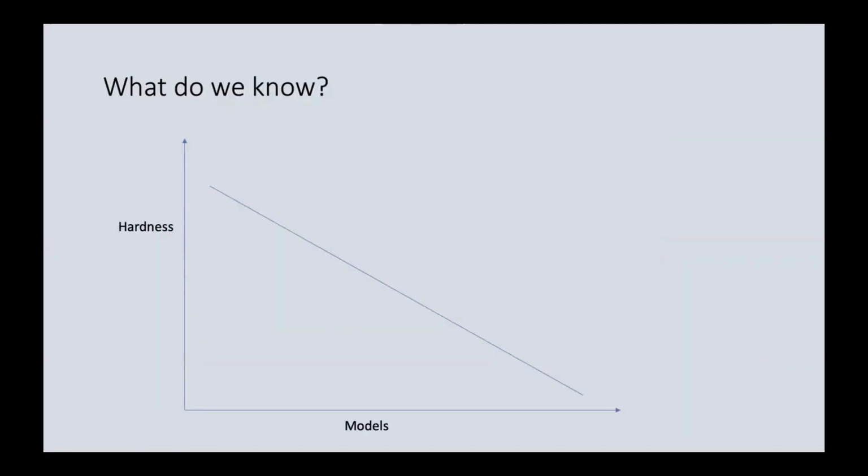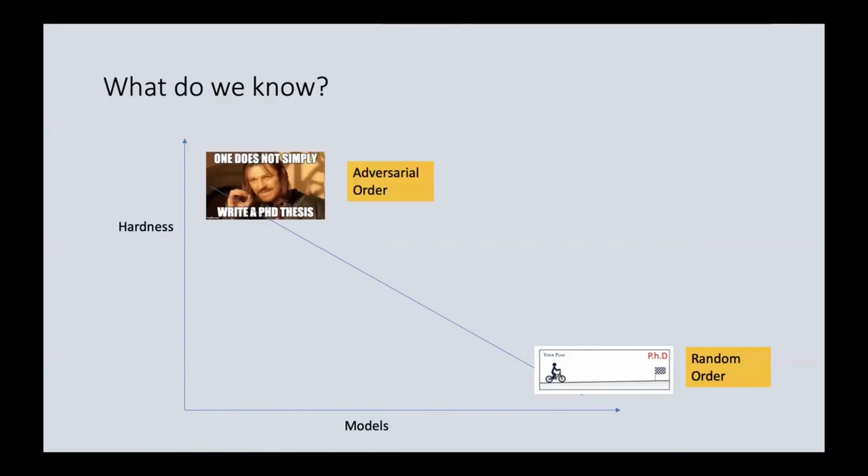So let me just summarize what we know about these four models in this graph. We know that the random order model is the easiest, and this is what we would expect. The adversarial order model is the hardest. It is the worst case, and we simply hope that it doesn't happen.